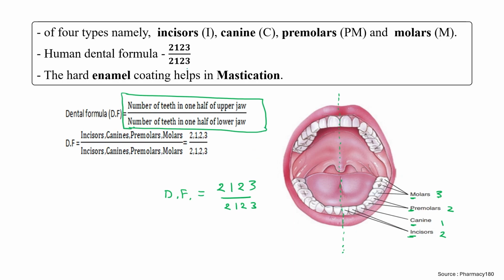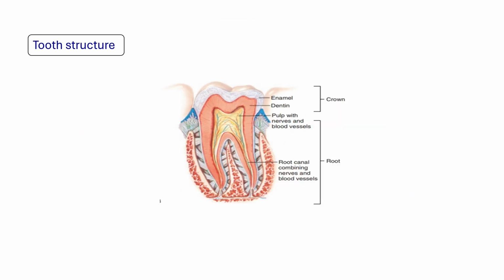Okay, so four types of teeth: incisor, canine, premolar, and molar. The hard covering present on the outside surface of our teeth is known as enamel, and this enamel helps in mastication of the food. This is the general structure of our tooth.